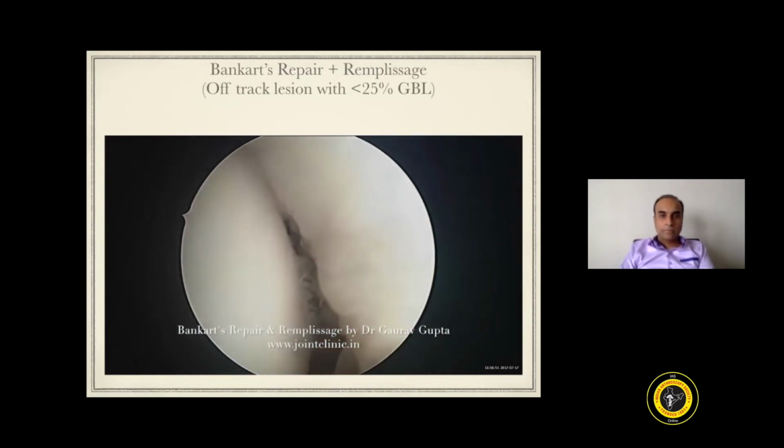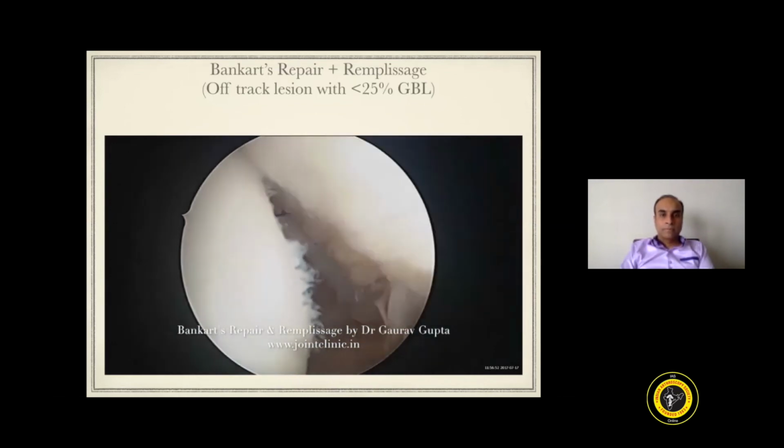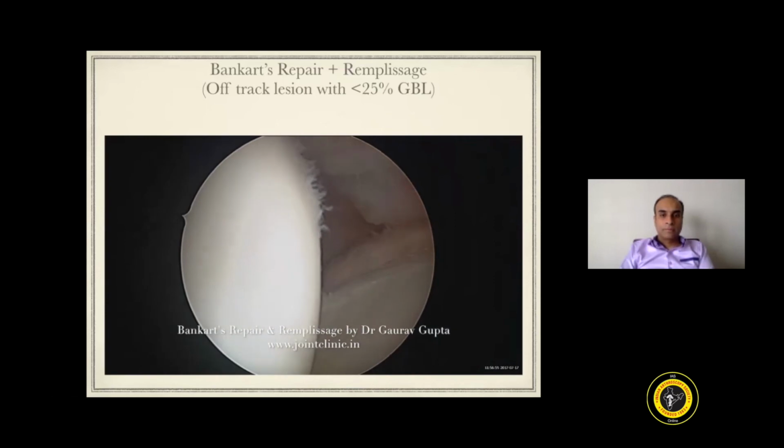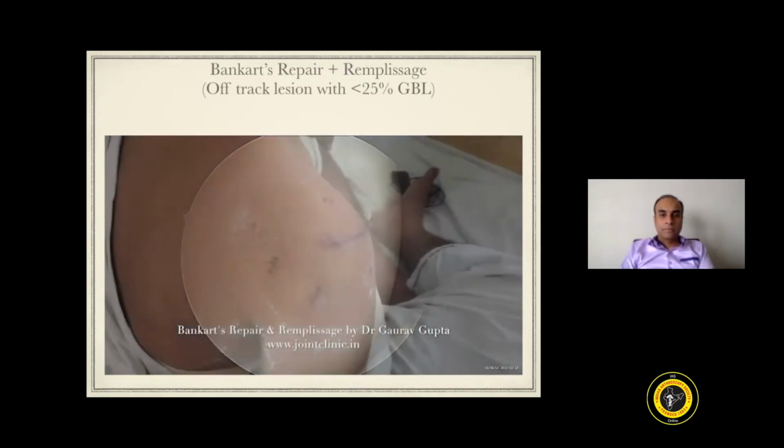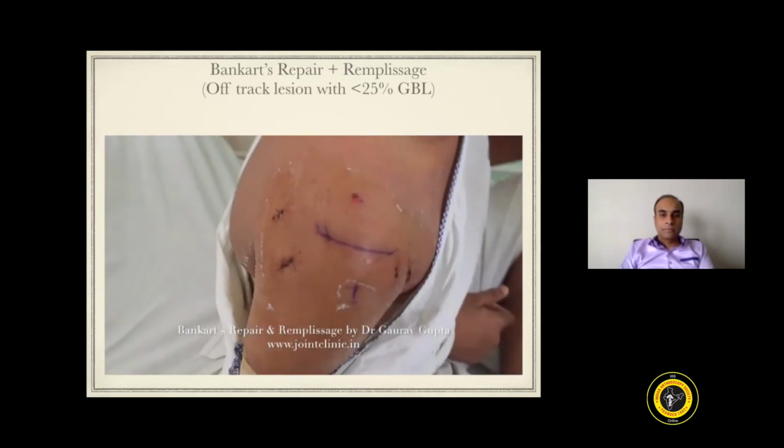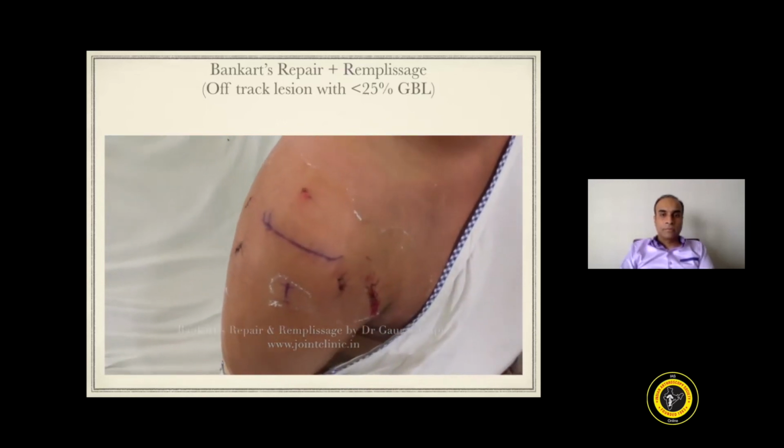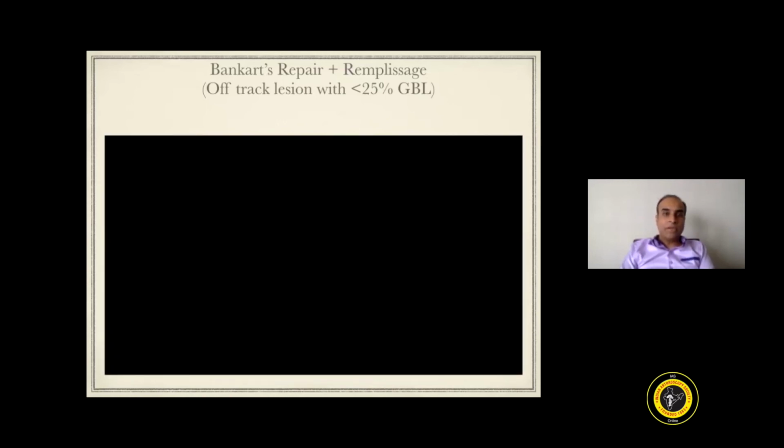There you see the effect of the pull. After this, knots are tied blindly because they are extracapsular, and this is what it looks like on the following day. So that was a demonstration of a classic Bankart's repair and a remplissage.